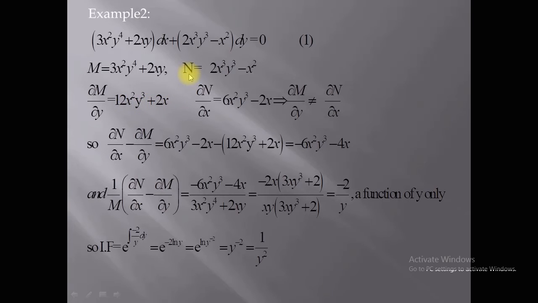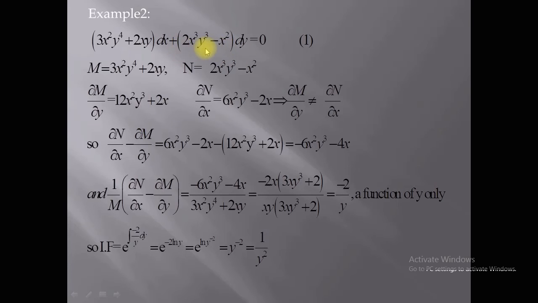Now taking the partial derivative of N function with respect to x, using the power rule, 2 times 3 is 6, x^2 y^3, and the derivative of x^2 with respect to x is minus 2x. Since these two partial derivatives are not equal, the given differential equation is a non-exact differential equation.